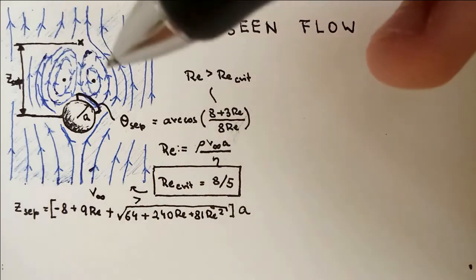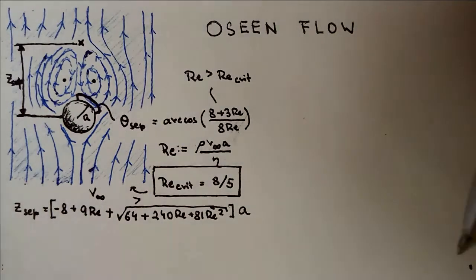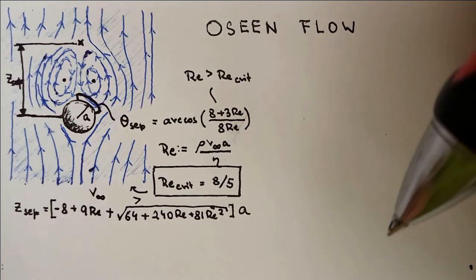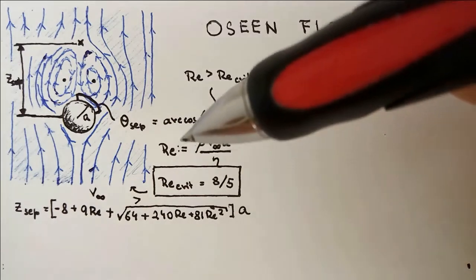It basically looks like a torus. It's a torus vortex behind the sphere, and let us introduce the Reynolds number into the problem.